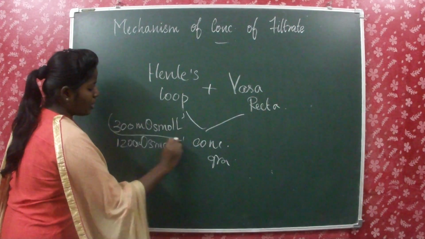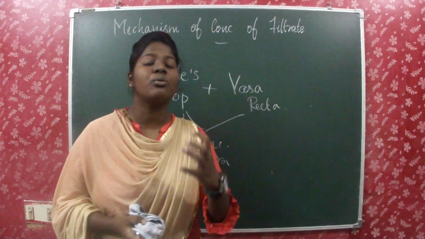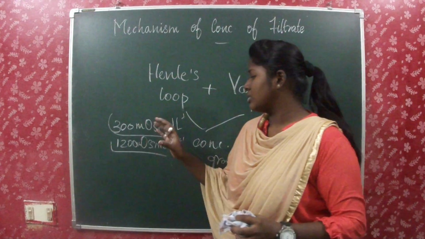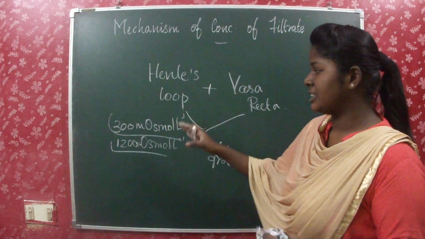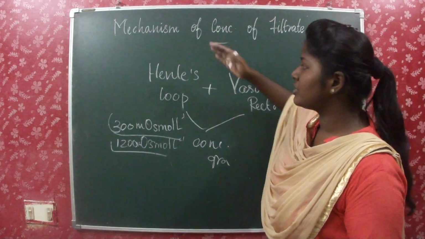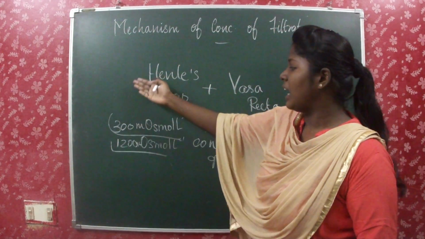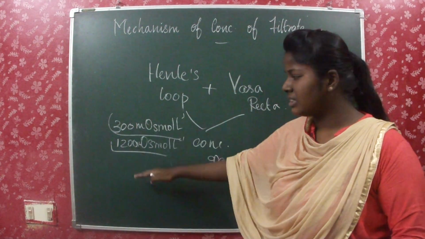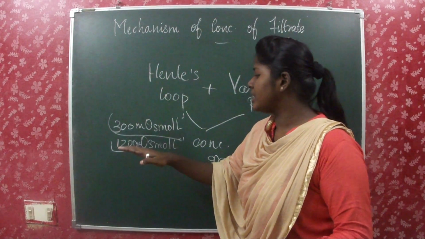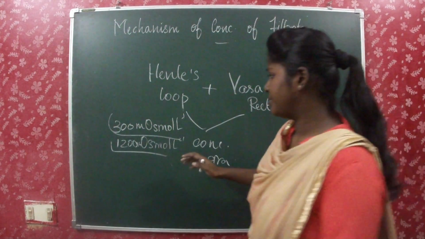That is, from the cortex to the inner medulla, it increases from 300 to 1200. So this starts from 300 in the cortex, and when it reaches the interstitium of the inner medulla, the concentration increases to 1200.